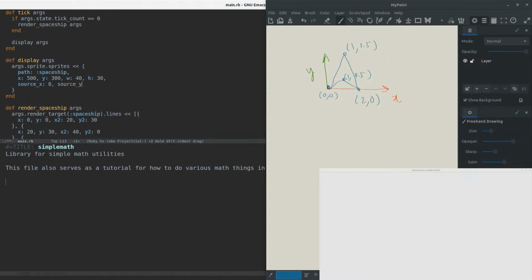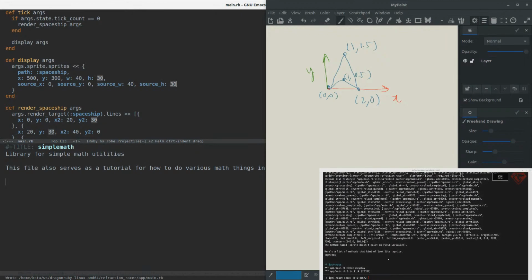Source Y is 0. And then source width, of course, is our 40, and source height is 30, which, again, this will look kind of ugly. Sprite, outputs.